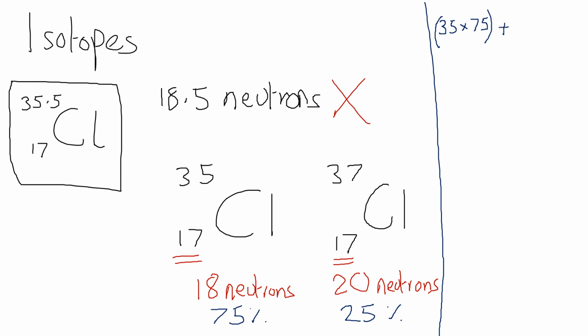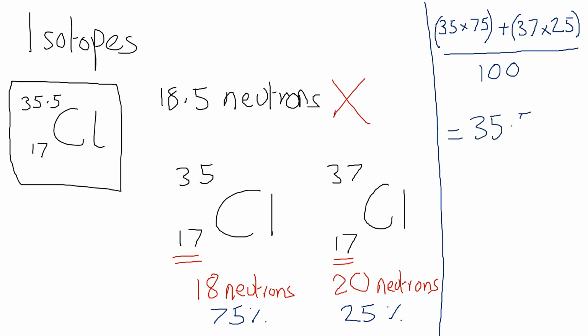And then you add that to 37, which is the next isotope, times its abundance, which is 25. And then because these are all in percentages, we have to divide by 100. And if you put that into your calculator to three significant figures, you end up with 35.5, which is your atomic mass.